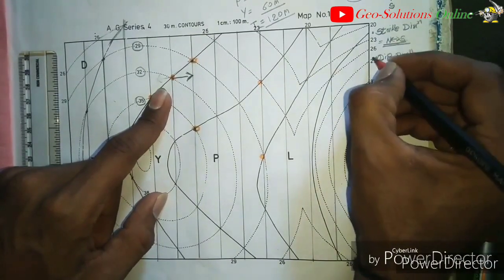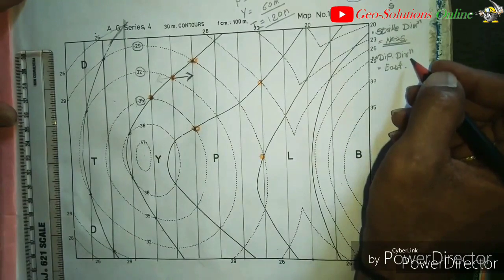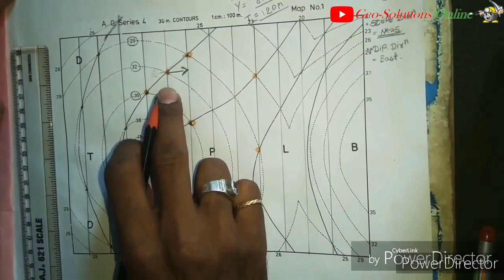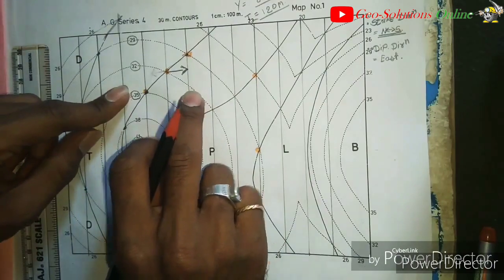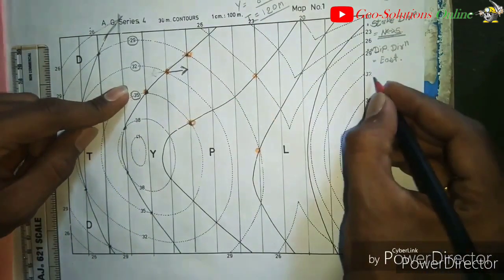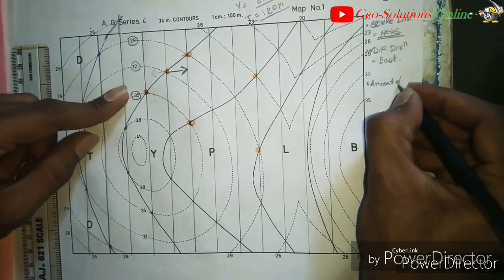So we have found the strike direction and the dip direction. We have already found the direction of the dip, and now we have to find the amount of dip.